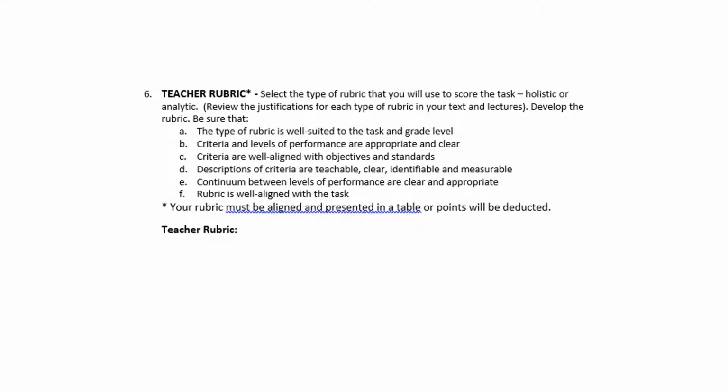Remember that you should have no fewer than 3 levels, and probably 4 is better. You should have multiple criteria in the rows, so not just 1 or 2, because if you only have 1 or 2 criteria, it's probably not appropriate to grade with a rubric.